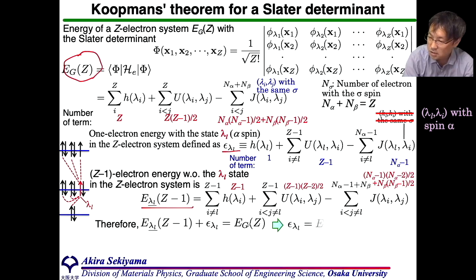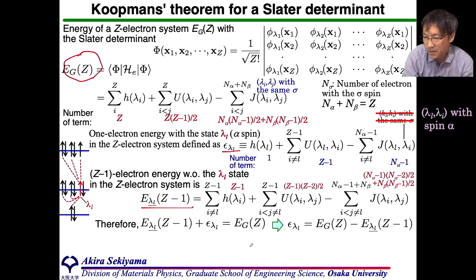That means that we can define the 1-electron energy of this state as the energy difference between the original total energy and the residual Z-1 electron energy, like this one. By using this way, we can also define the one-electron energy state even in the presence of the electron-electron Coulomb interaction.